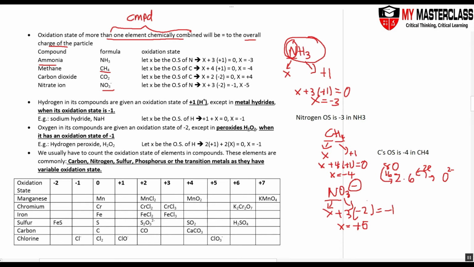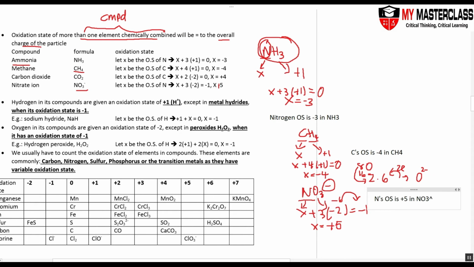I have minus 6 over here; bring it over to this side, you have plus 5. So in this case, how will I explain it? The element is nitrogen. Nitrogen's oxidation state is +5 in NO3-.